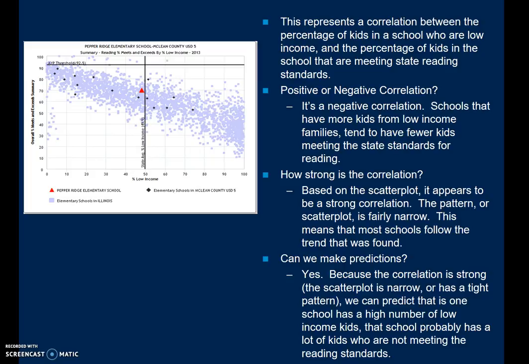Likewise, if we found out that a school had 5% of its students who were low income, we could predict that that school would have a larger percentage of students who are meeting the reading standards. And that's one of the nice things about correlations, is that we can make predictions.